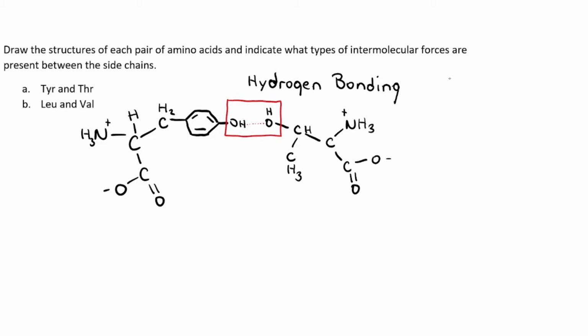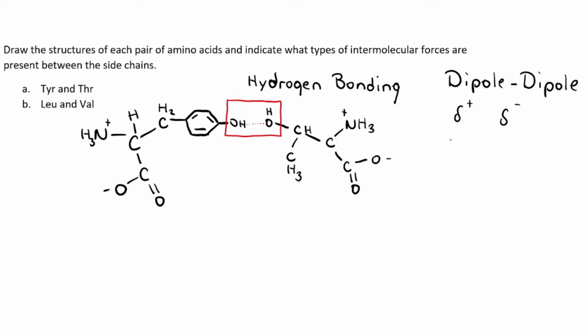So the three types are dipole-dipole, which is if you have a partial positive close to a partial negative, and this could be any type of atom, not just hydrogen and oxygen. And when these types of atoms get close together, they cause an intermolecular force that brings them closer together. Hydrogen bonding is a type of dipole-dipole bonding.